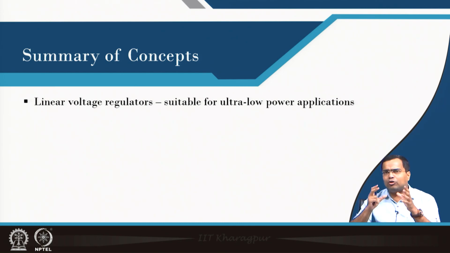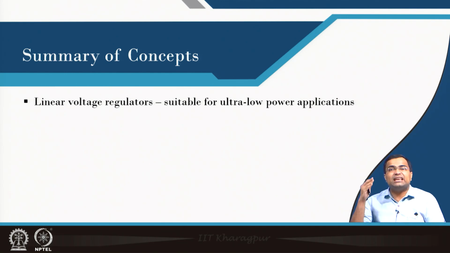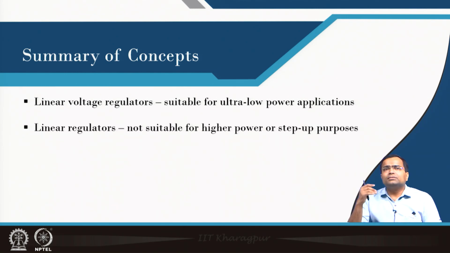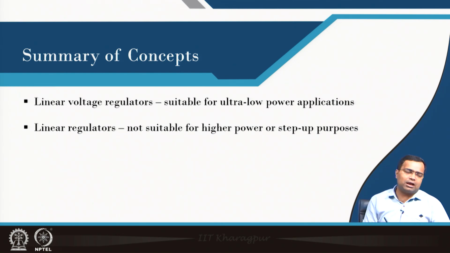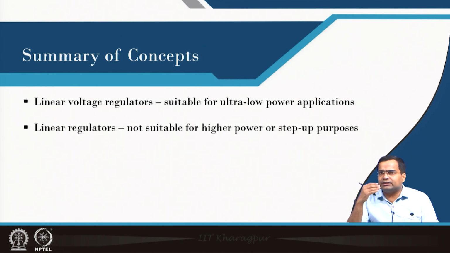So, for very small size and very low power, linear regulators still dominate this segment, maybe less than a few milliwatts. Linear regulators are not suitable when we go for a little higher power, even a few hundreds of milliwatts, and of course a few watts or tens of watts. These regulators cannot achieve step up voltage, they can only achieve step down.